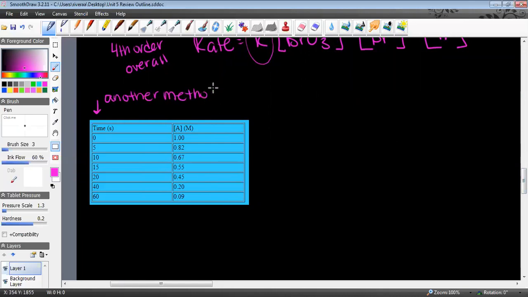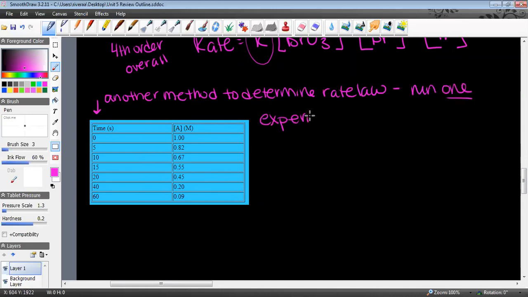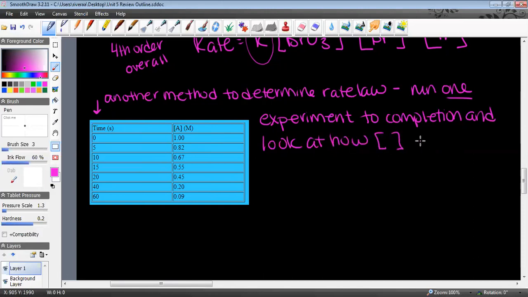Another method to determine rate law is to run one experiment to completion and look at how concentration changes over time. Concentration and rate change over time.